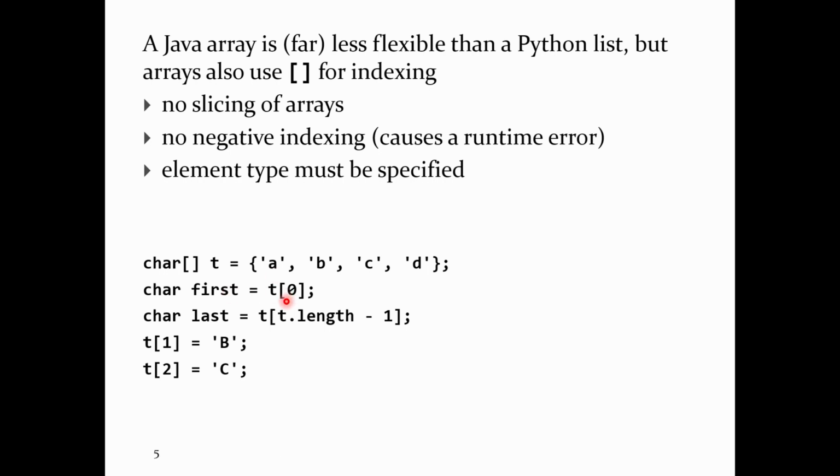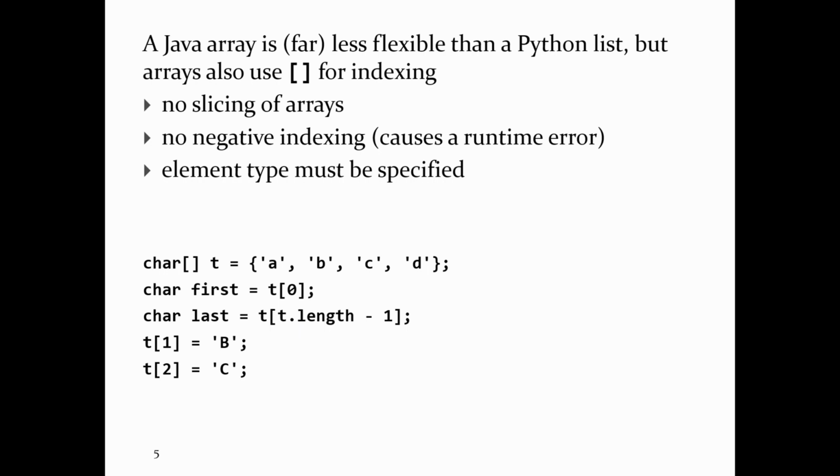If I want the first element of the array, I just use the familiar square bracket notation that you'd use in Python. If you want the last element of an array, there's no function called len. There are no functions at all in the language. Instead, you ask the array how big it is. The way you ask any object about some of its properties in Java is you write the variable name and then follow that with a period.